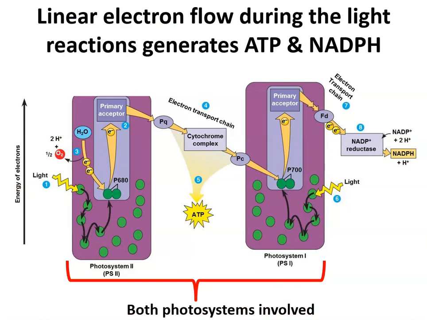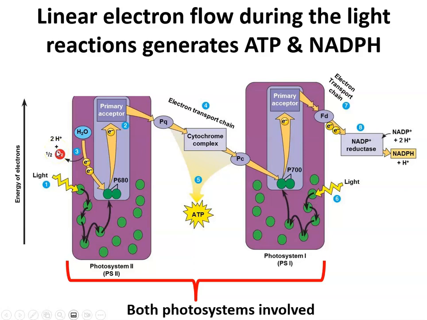So this is how we're going to be depicting that process of the light reactions of photosynthesis. This is the linear flow of electrons from photosystem 2 to photosystem 1. And you can see the energy molecules that result from this first step of photosynthesis, the ATP and the NADPH, as well as where the water comes in and light and oxygen is released.